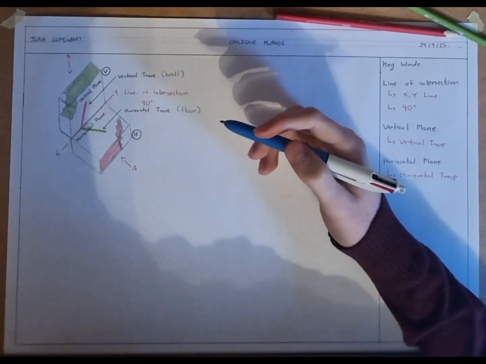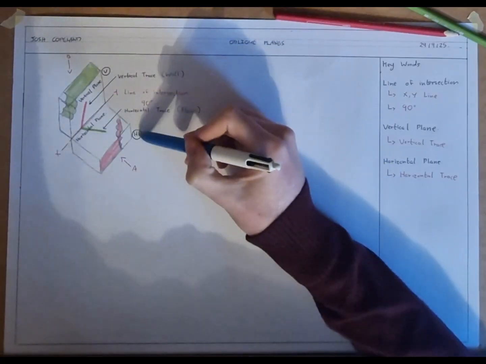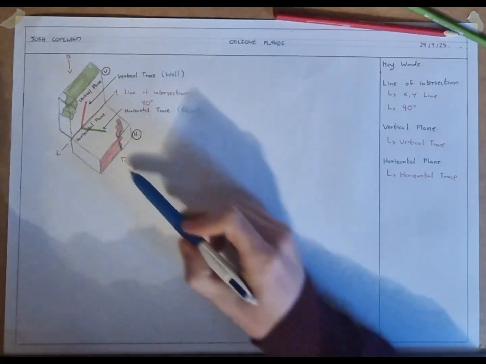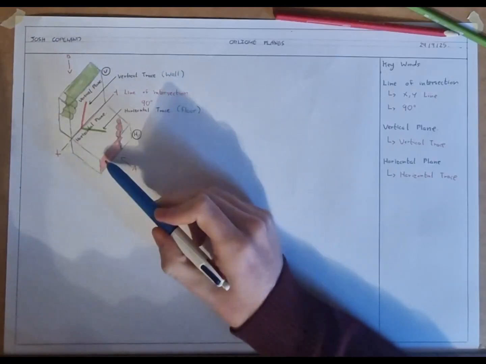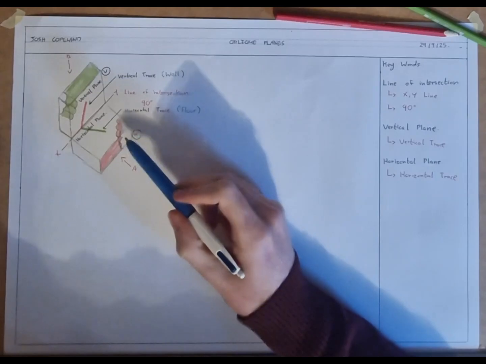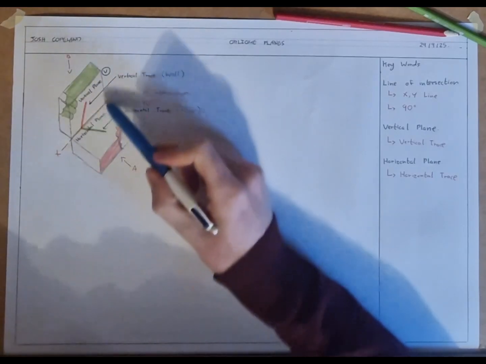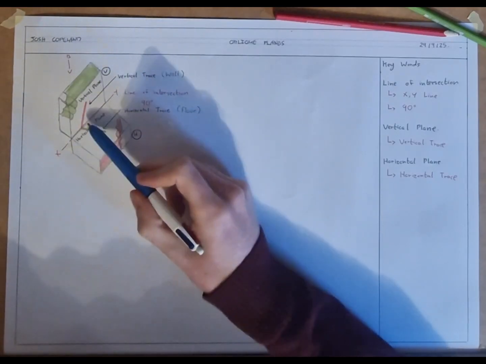Another thing to take into consideration is our labeling here. So, looking in the direction of arrow A, we can see that our horizontal plane is going to be seen as an edge view, and we can see our vertical plane as a surface.